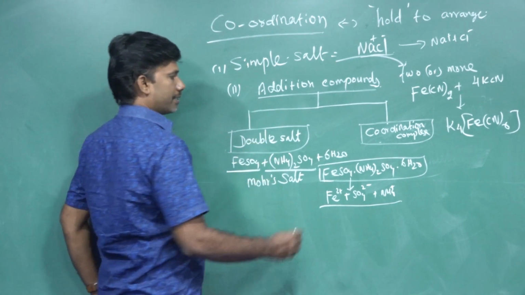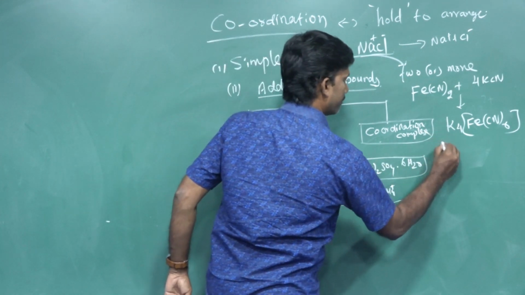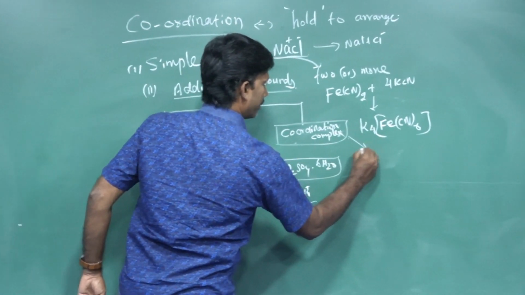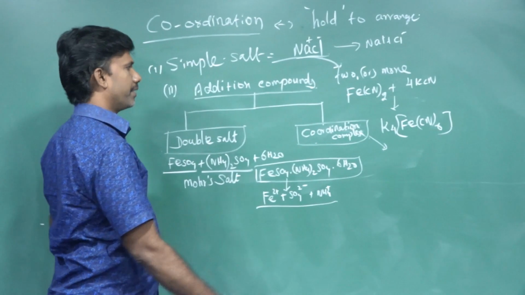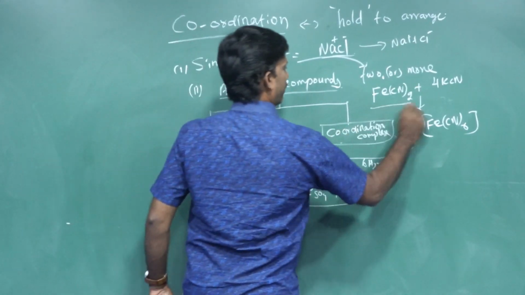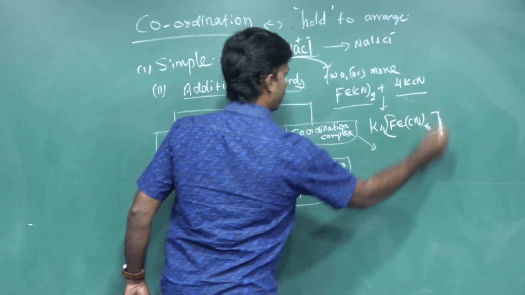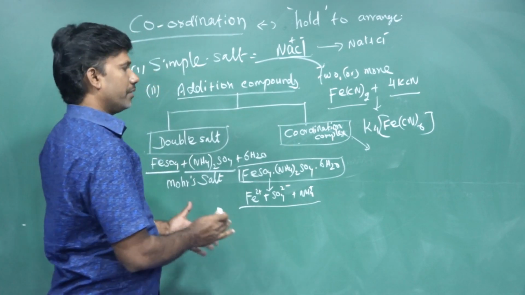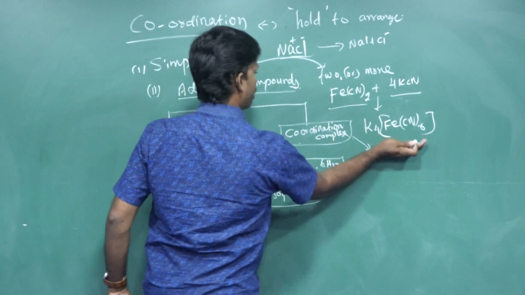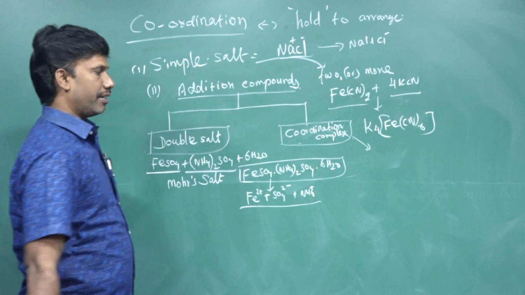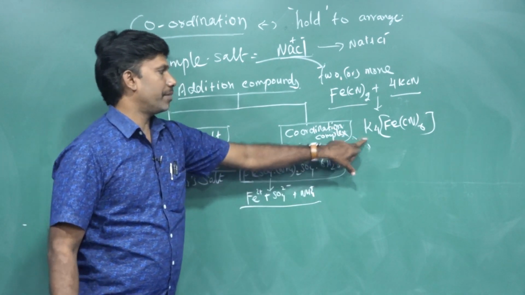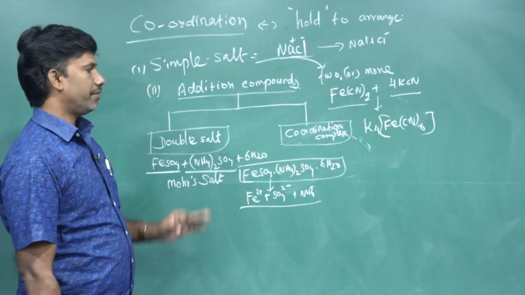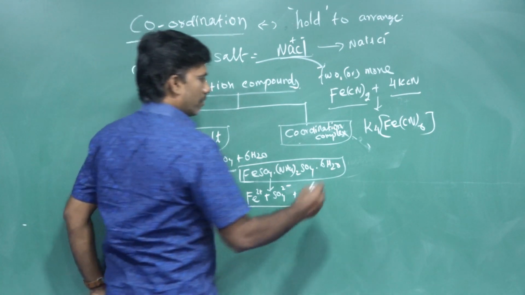Now let us move on to the coordination compound. For example, this is the same example you can write. Ferrous cyanide and potassium cyanide, two simple salts, combine to give the complex potassium ferrocyanide. This is a complex formed.